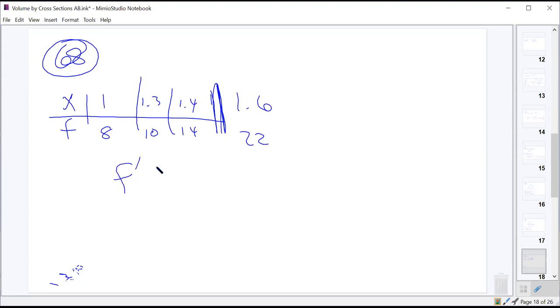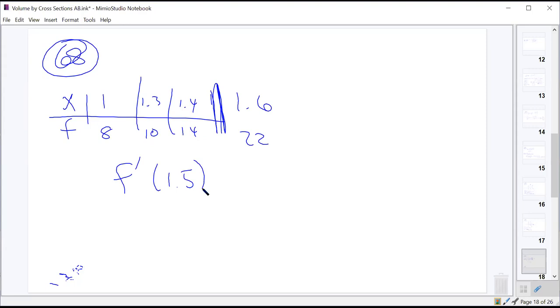They want us to estimate f prime of 1.5. This is a common thing that they'll ask in the free response questions. They give you a chart of values, often as the first part of one of the free response questions, and then ask you to approximate the derivative of something that's not in the chart.